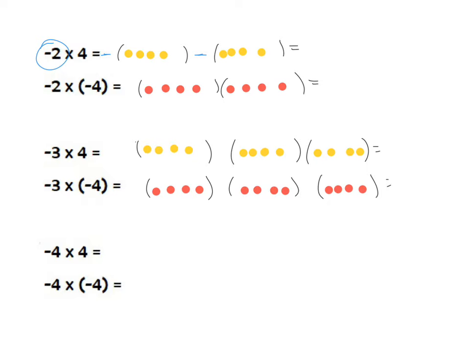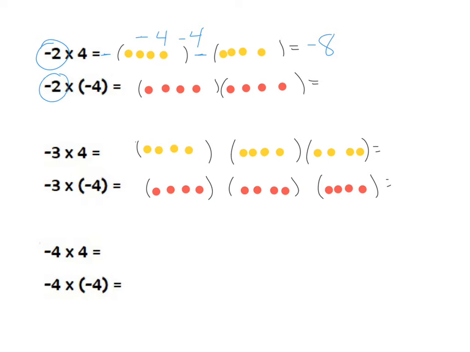So what we really have is negative 4 minus positive 4. If we wrote that out, it would look something like this: negative 4 minus 4. Well, we know from our previous lesson that that's negative 8.